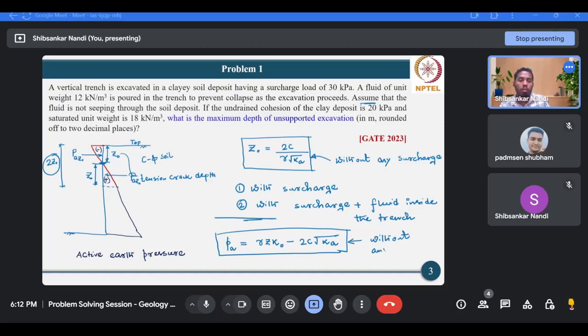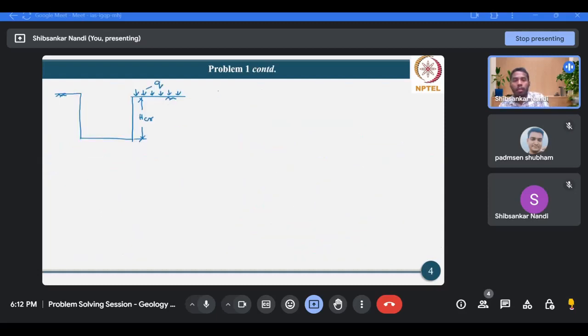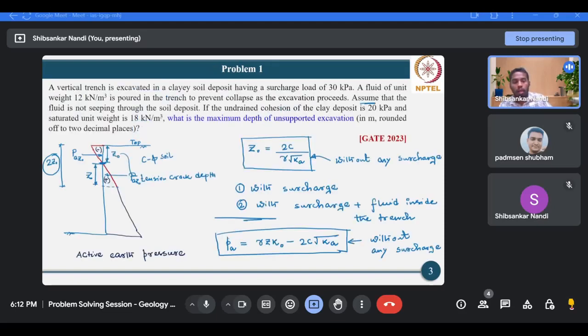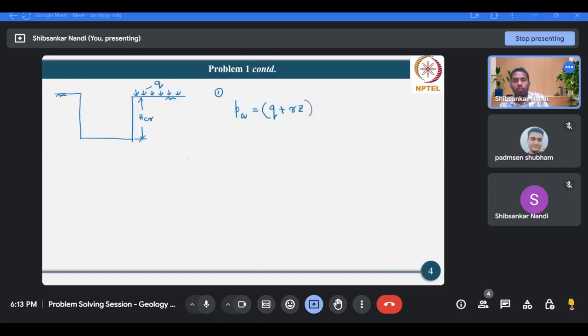Now if we consider surcharge, case number 1, PA will be Q plus gamma Z0, which will be the vertical overburden at a depth Z0. Sorry, first let me write this expression in terms of Z only, where Z is measured from the top of the retained soil mass.